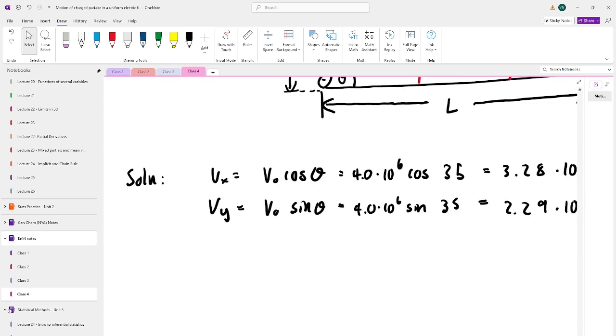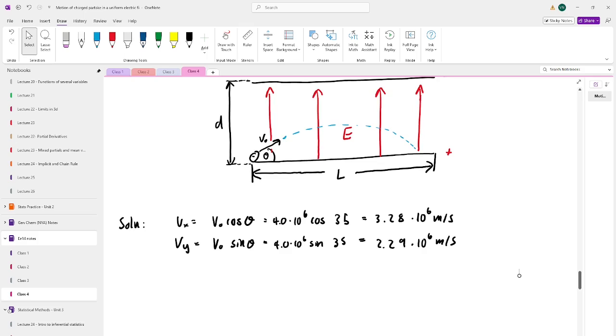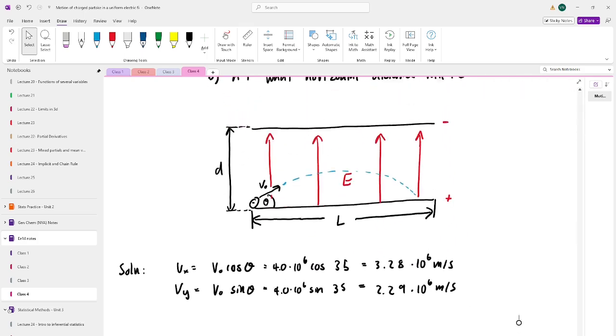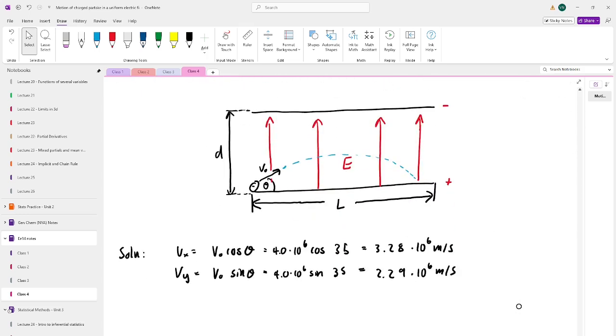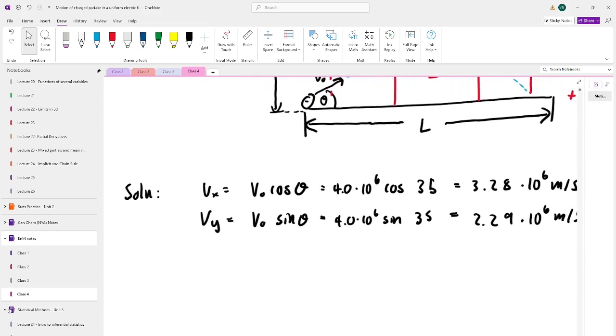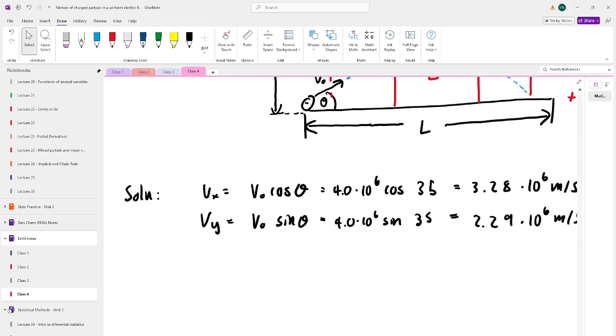We need to find a new relationship, because all we have is the speed and the electric field, and I want to know time. In my equations where I have time, I have acceleration, time, initial speed, a bunch of things that I don't really know. So I need to use a different relationship to come up with some new variable.